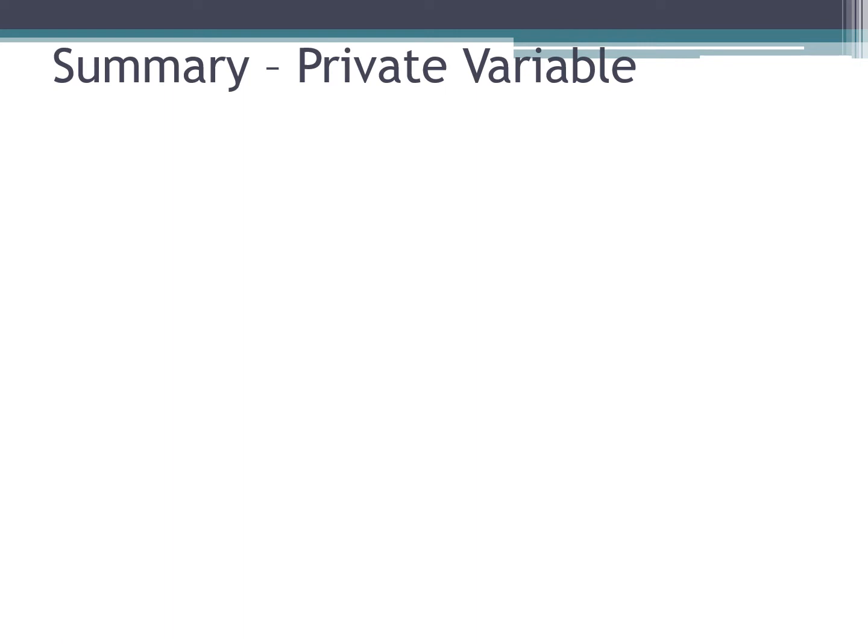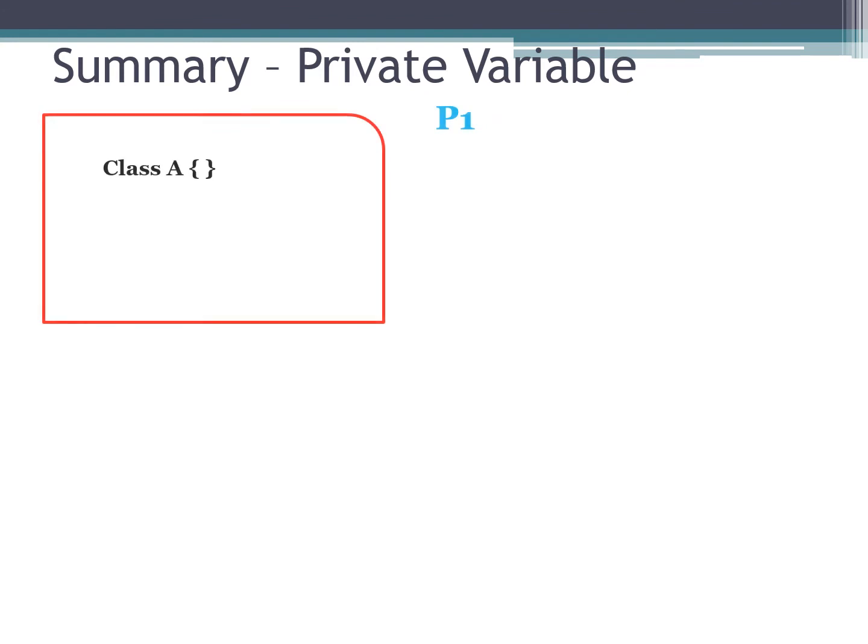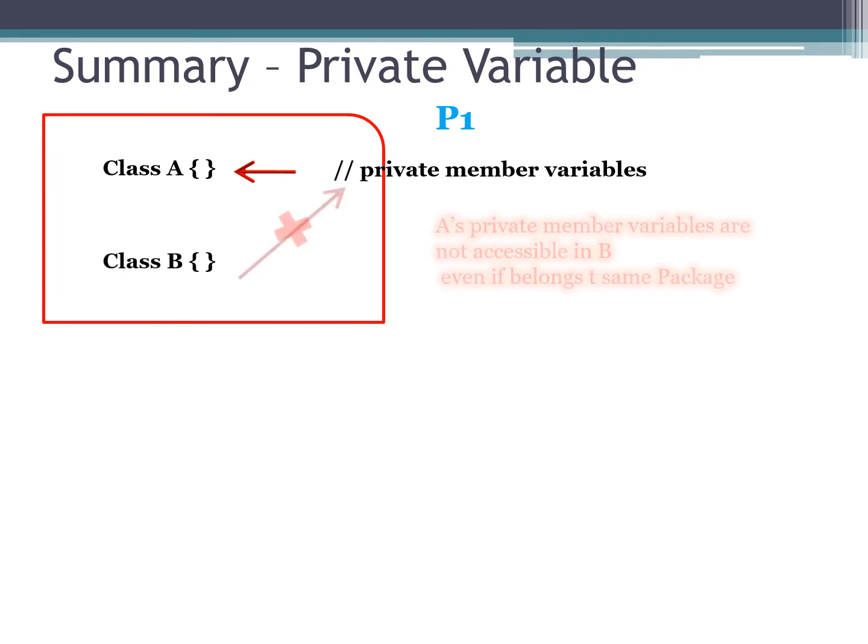So let's summarize the different scenarios. If we have package P1 with class A having private member variables, and in the same package there is one more class B, B is not able to access A's private member variables. So private member variables are the most restricted type of visibility.